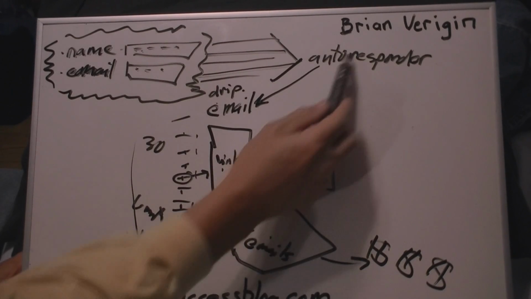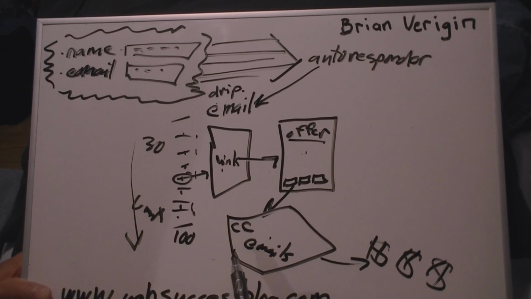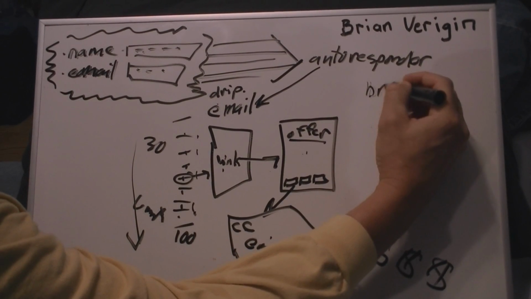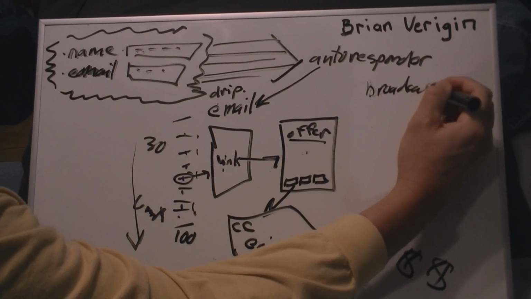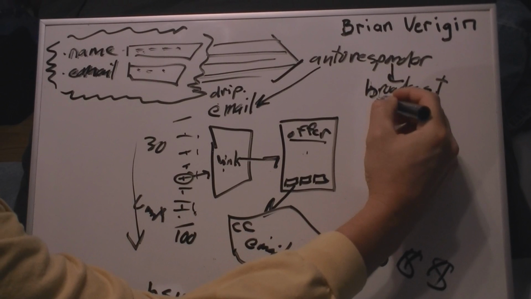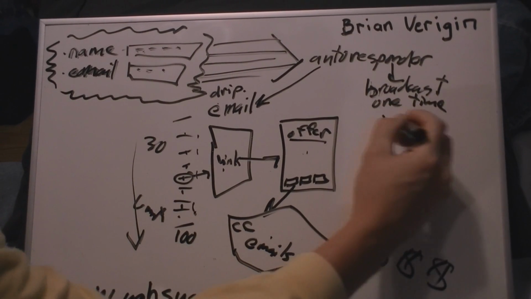Also with this autoresponder, these are a series of emails. Every now and then the person owning the list may have a fantastic offer that's not in one of these emails. There's a thing called a broadcast. It's a one-time email sent out.